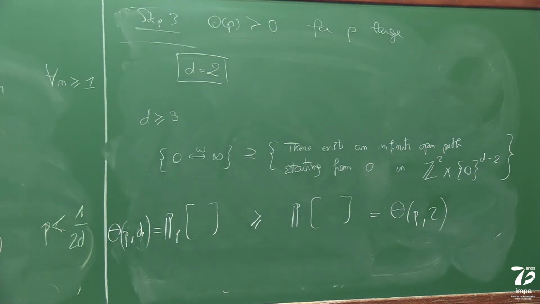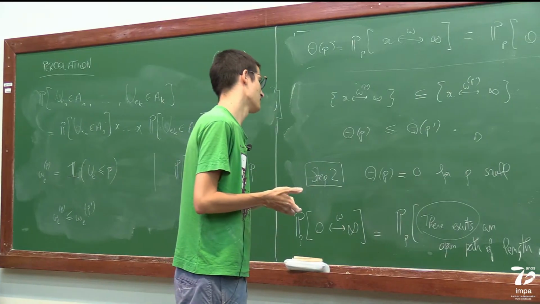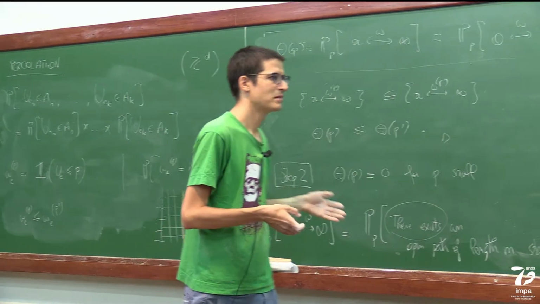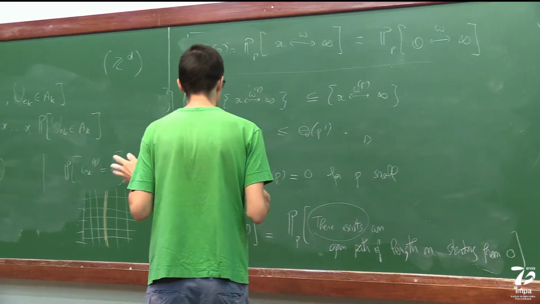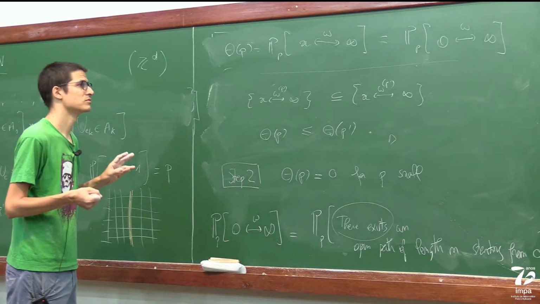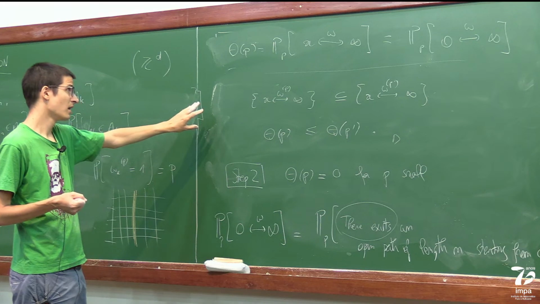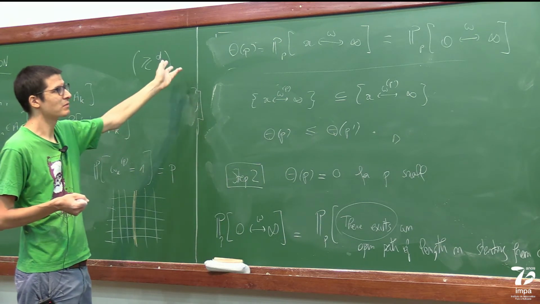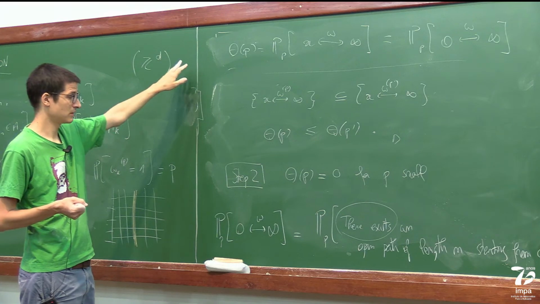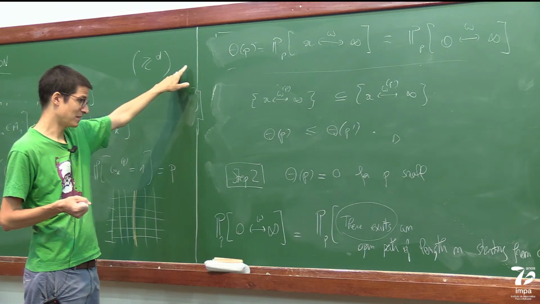And now we are going to use a specific thing of dimension 2, which is duality. So, I'm writing all the proofs in Z^d, and most of the time they can be extended to other setups. So it's kind of important at the end of each proof to know exactly what we've used. For step 1, we've basically not used anything. Well, for the definition of theta(p), we have used the fact that the lattice is periodic.